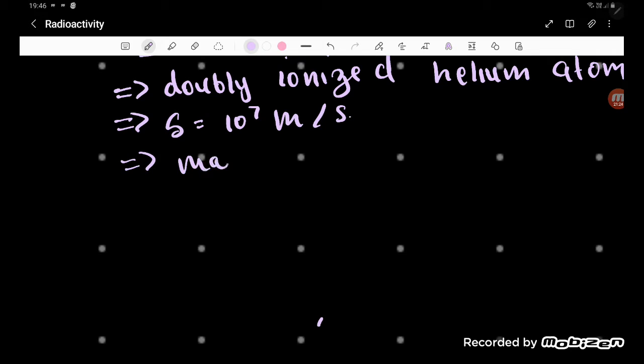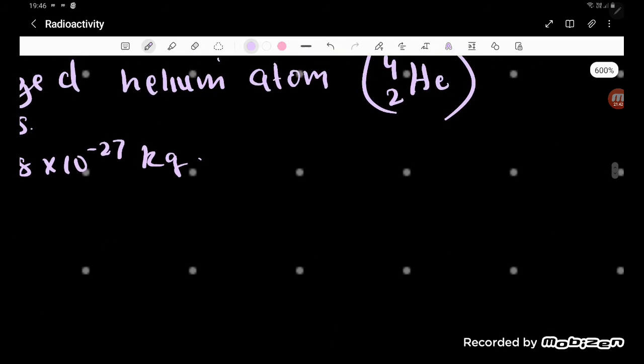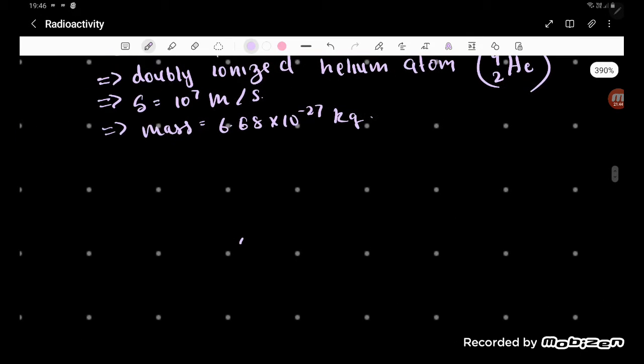Mass is 6.68 into 10 to the power minus 27 kg.